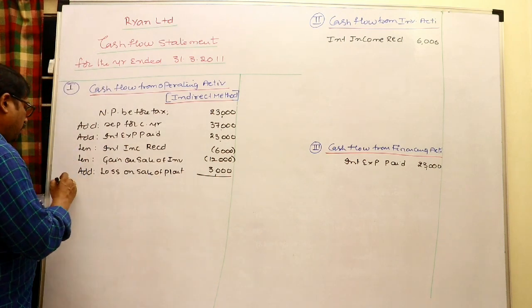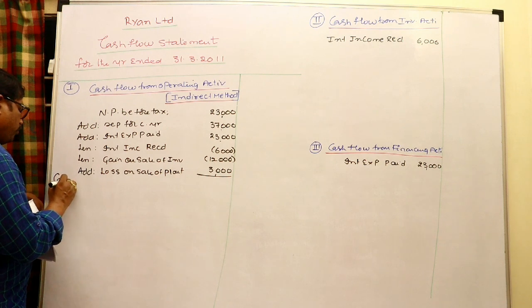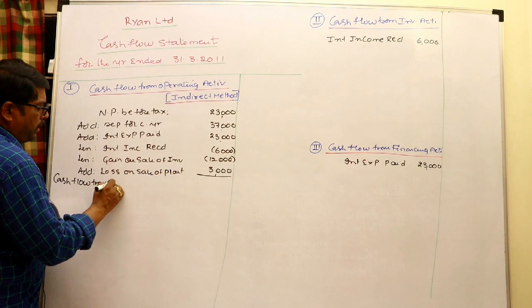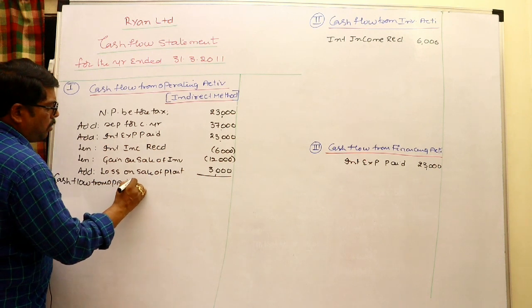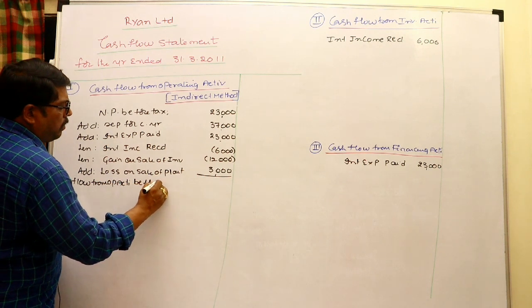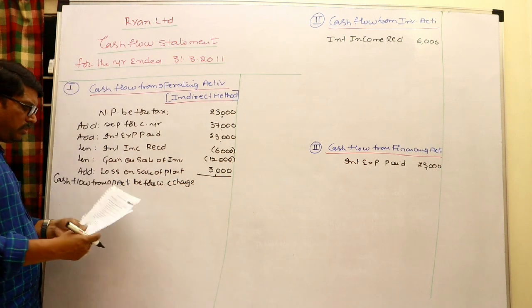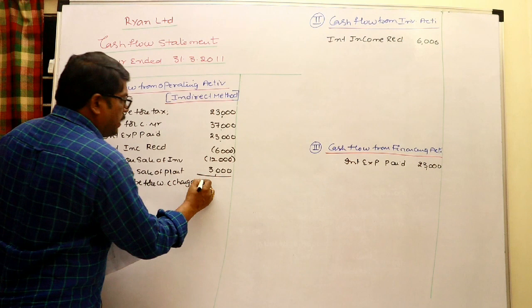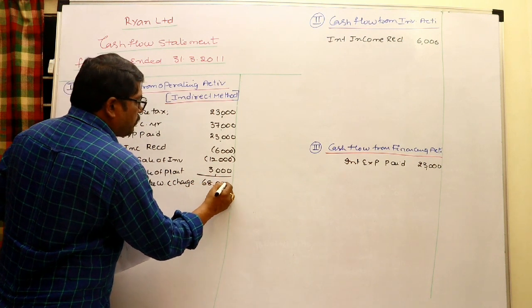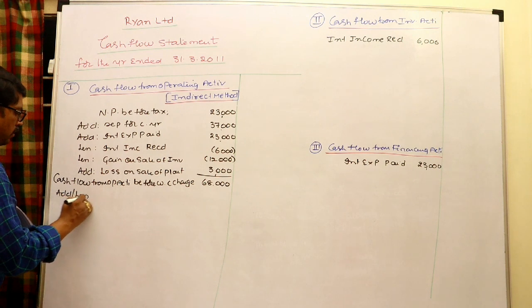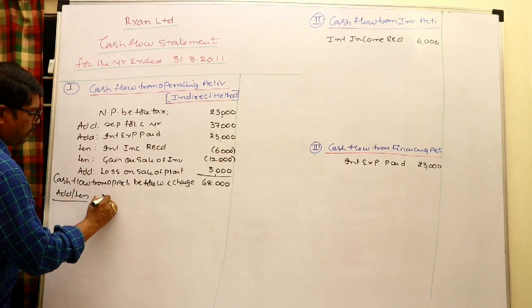This is what we can say cash flow from operating activities before working capital change. So it would be 68,000. Add or less working capital change.